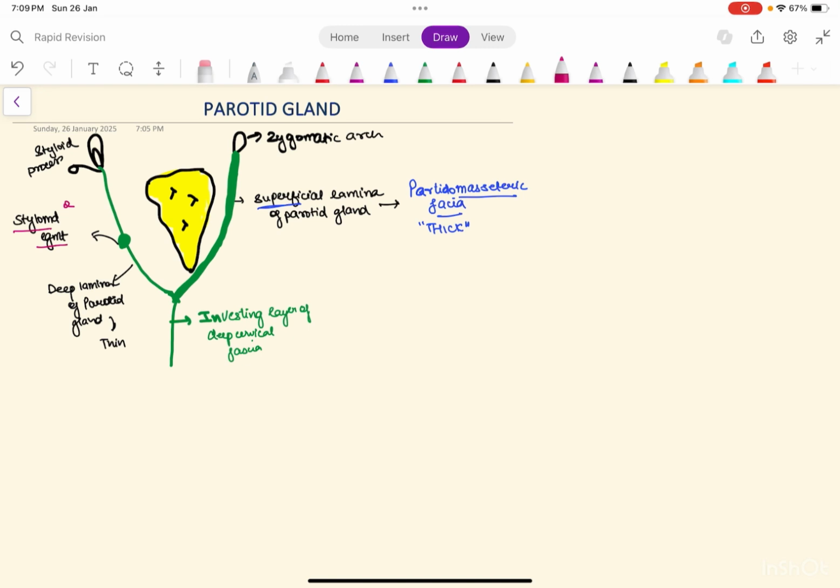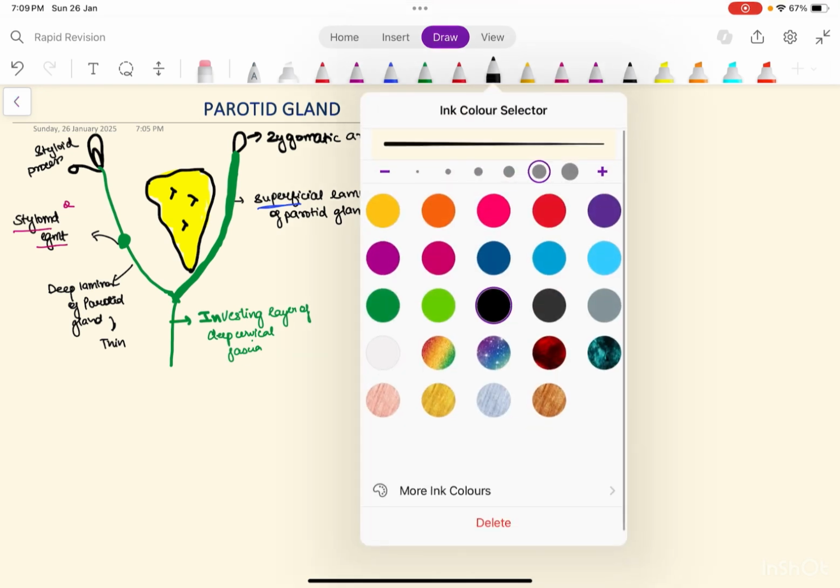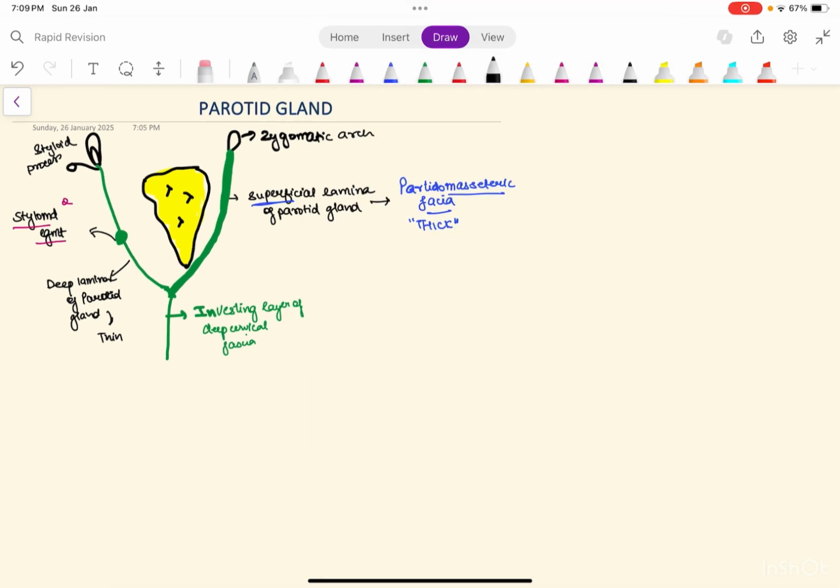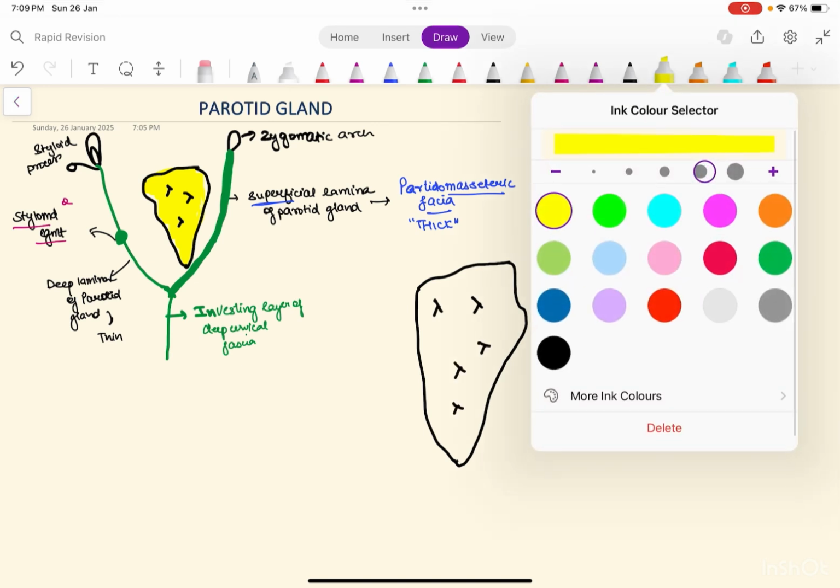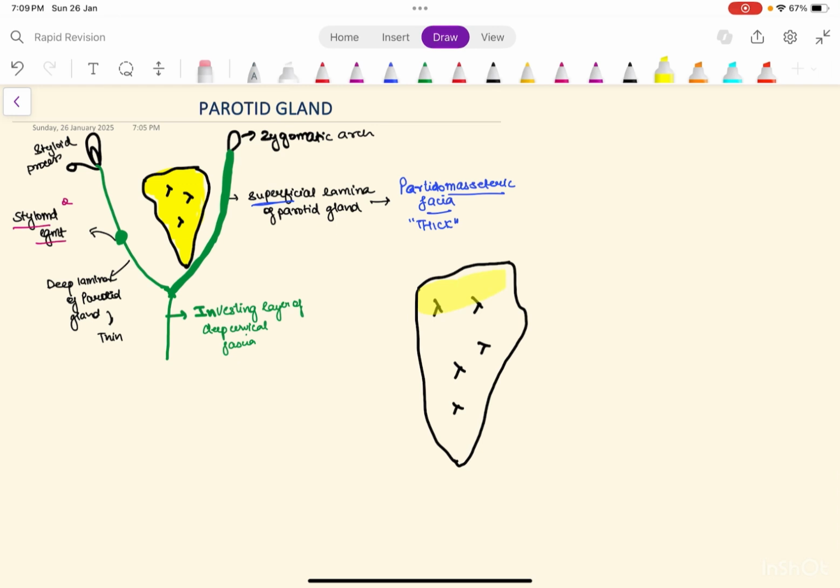All right. Now let's talk about the relations of the parotid gland. For the relations, just observe this diagram that I'm drawing. So this is our parotid gland.